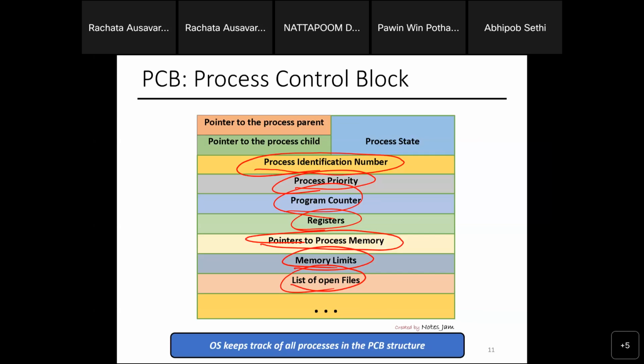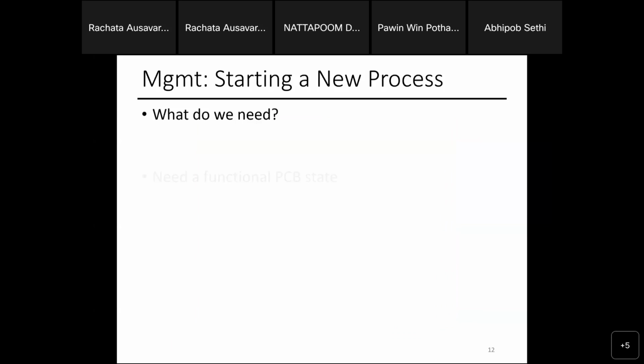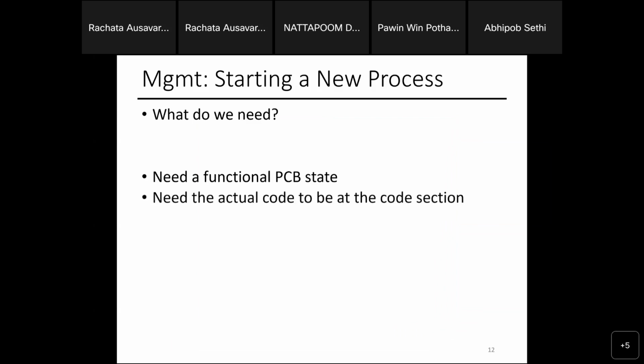Basically, the PCB structure is not giant, actually these are pretty small in terms of kilobytes, but it keeps track of the process, right? And now when you have to start a new process, what do we need? First of all, I need a functional PCB state. I need to know who is the child, who is the parent, where's the program counter, how do I run them. I need to make sure the actual code is in the memory.